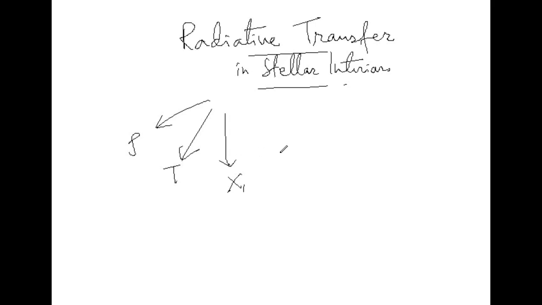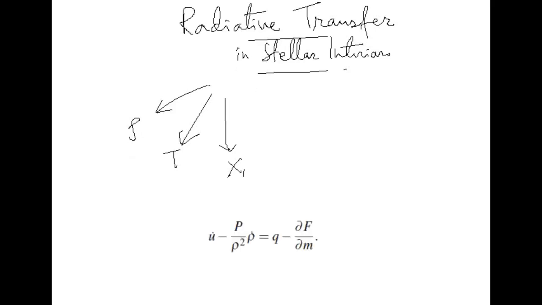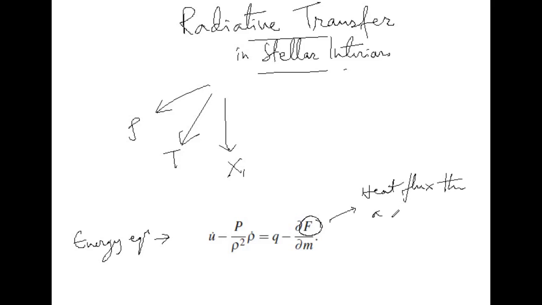Now you remember the energy equation, right? This was the energy equation which we derived in our earlier lectures. Here in this equation, this quantity F is basically the heat flux through a surface of constant mass in the star.